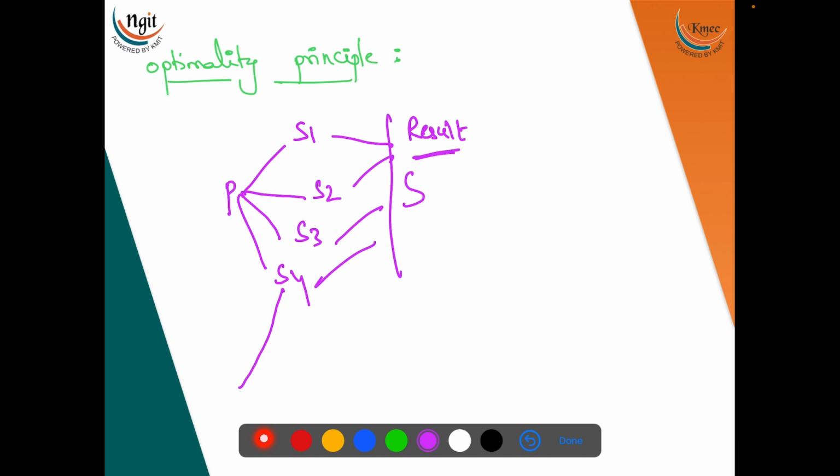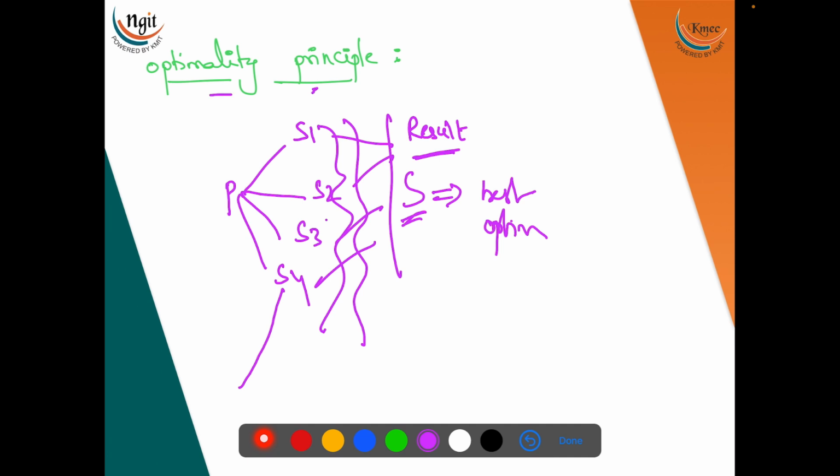Out of all these, you will choose the one which is the best or optimum solution. So the sequence of decisions is what we call dynamic programming.